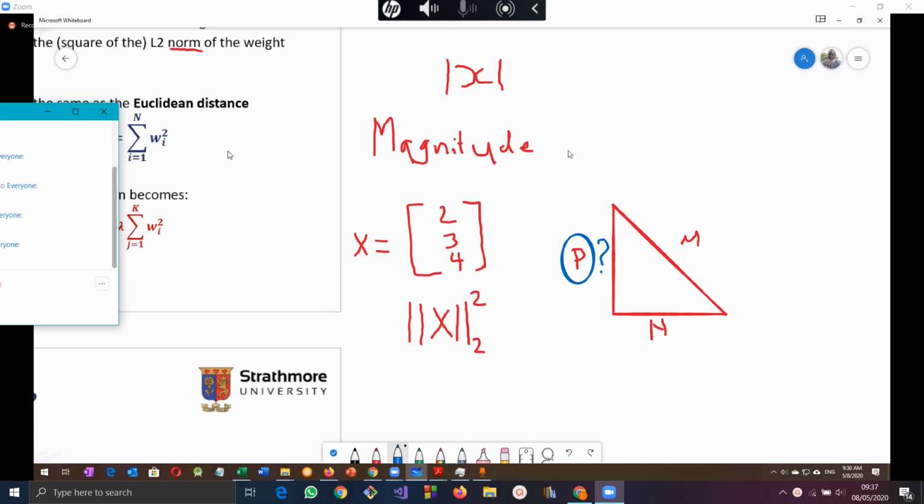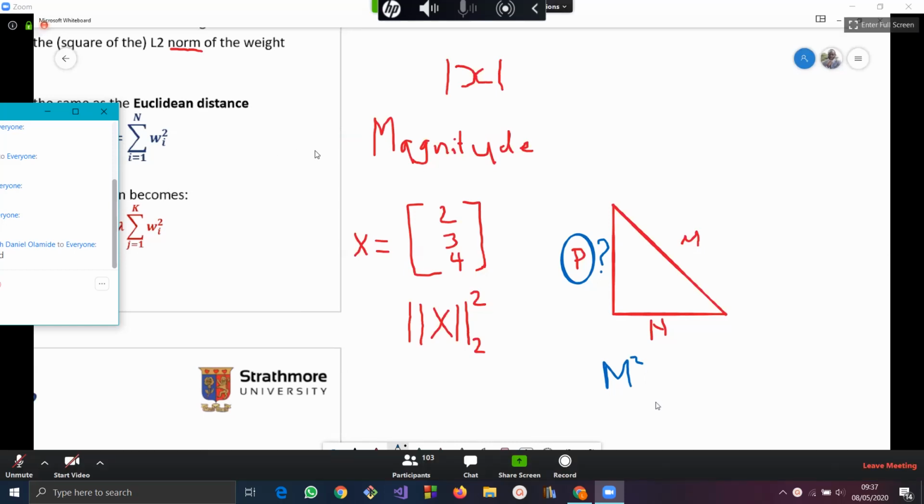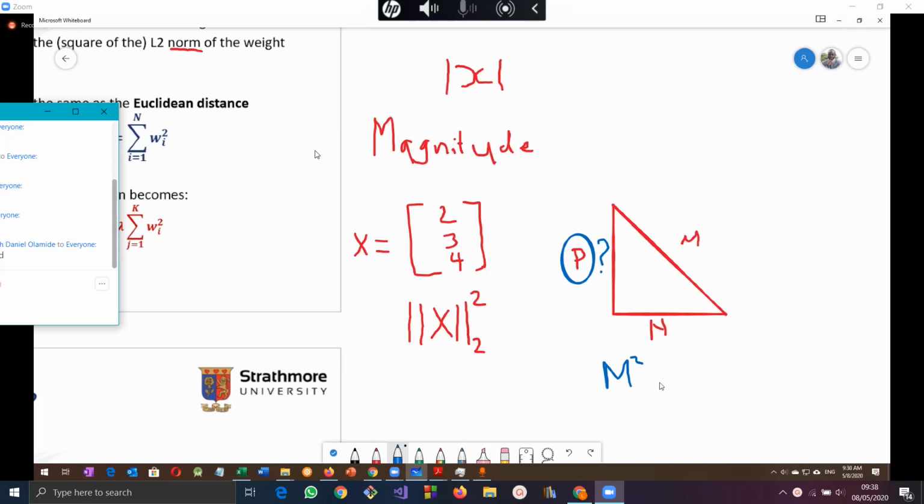Yes, Anthony. M squared minus n squared. M squared minus, no, m squared is right, n squared is right, but how do we connect the two? Anthony has started off. Do we minus or do we add?